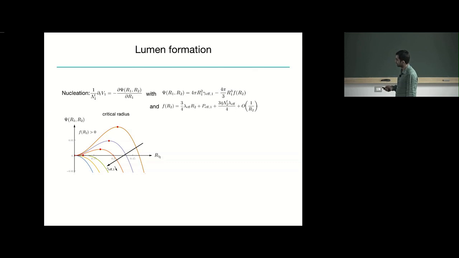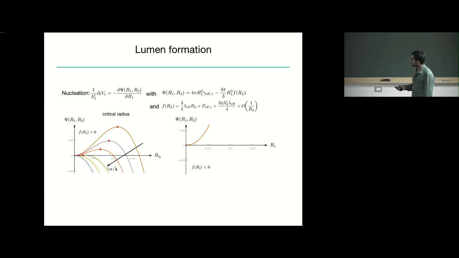This minima reduces and ultimately disappears. So the lumen basically can grow, can shrink. The lumen shrinks if you start from this part. But if you are in this part, the lumen can grow beyond this critical radius. But if you decrease the surface tension, look at these two curves. Here there is no barrier. So the lumen can grow spontaneously.